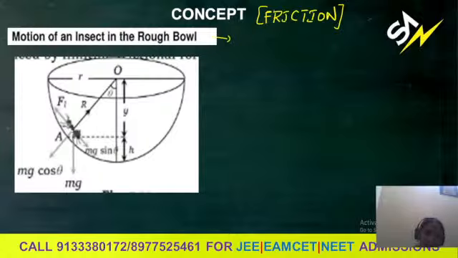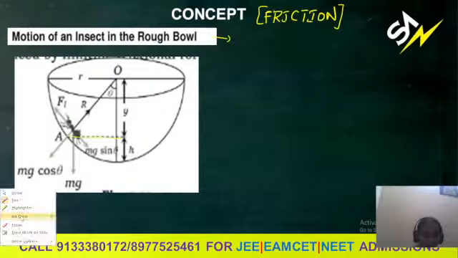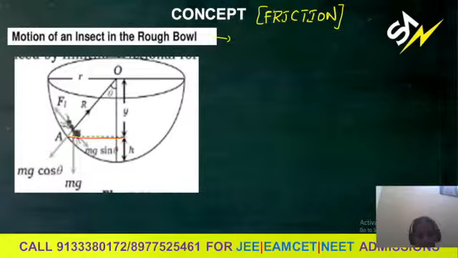There is an insect crawling on that rough surface of the bowl, and it reaches a certain maximum height. You can observe in the diagram clearly that the insect reaches the maximum height with the support of limiting friction acting at this point.